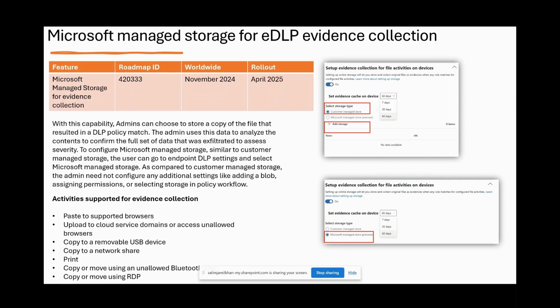So when you go to configure this in the DLP rule, you'll only see these options. You'll not see options like copy to clipboard. So as of now, those actions would not trigger the evidence collection. Okay.